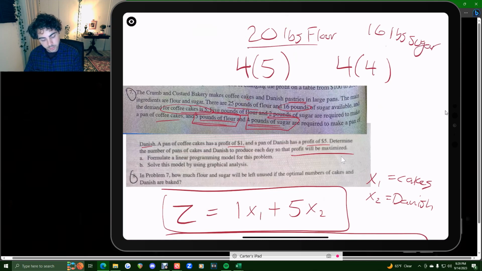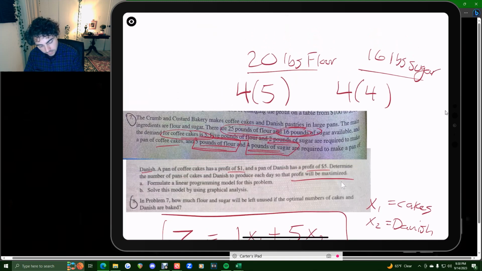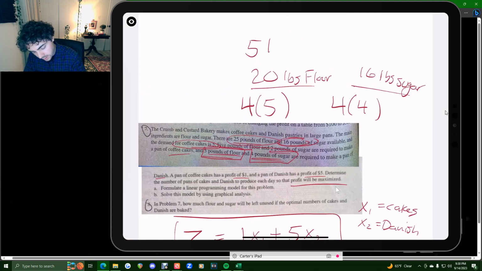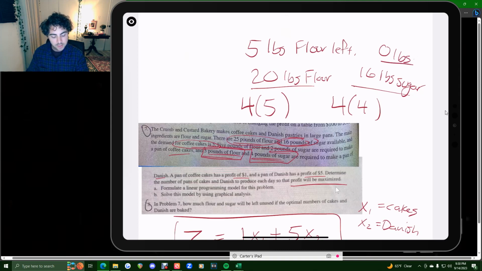That's how much they'll be using. And how many pounds did they have to begin with? They had 25 pounds of flour and 16 pounds of sugar. So they will still have 5 pounds of flour left over, but 0 pounds of sugar left over. They are using all 16.